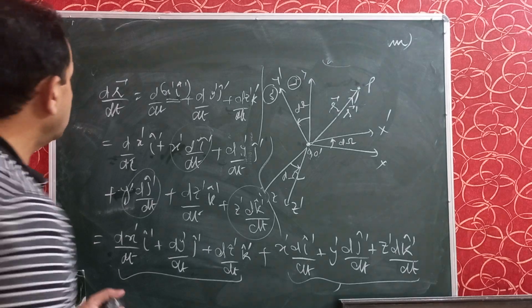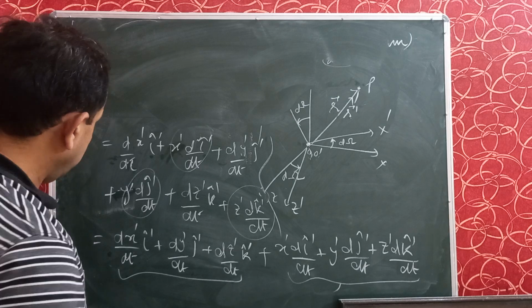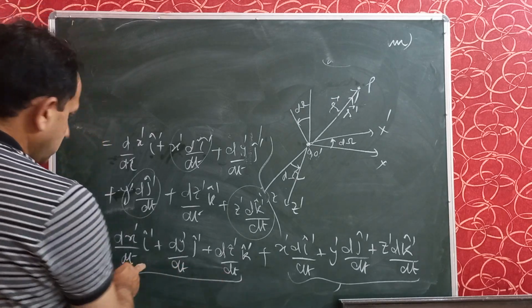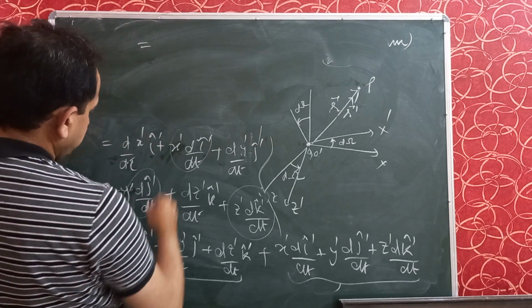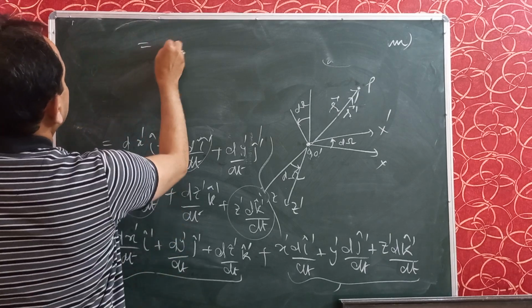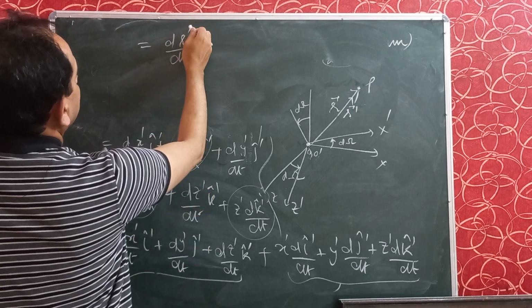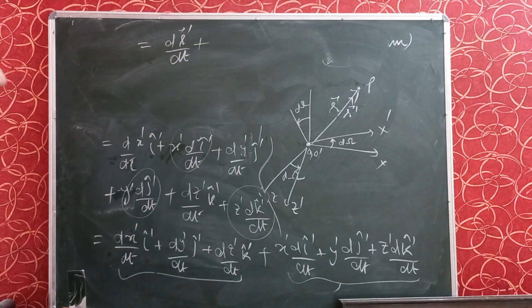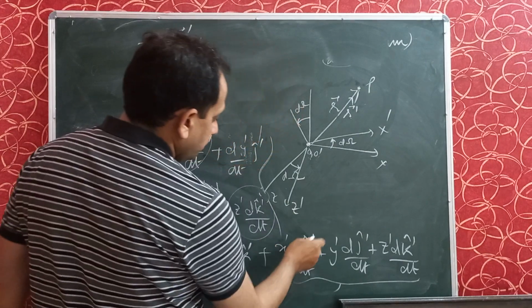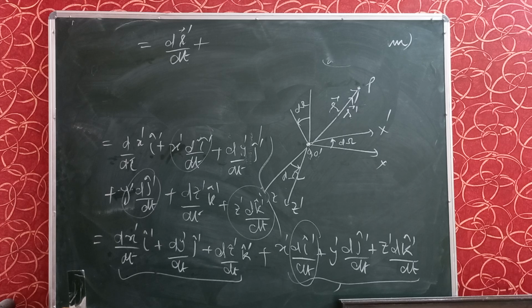Now, we may concise it, or this is written as right hand side, this may be written as dx dash upon dt, that is dr dash upon dt, or dr dash vector upon dt, plus x dash into, what is the value of this di dash upon dt or dj dash upon dt and dk dash upon dt.